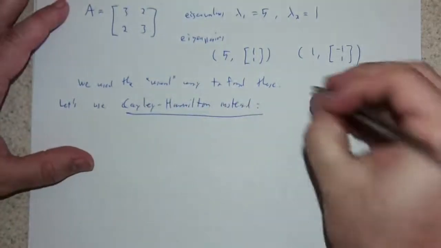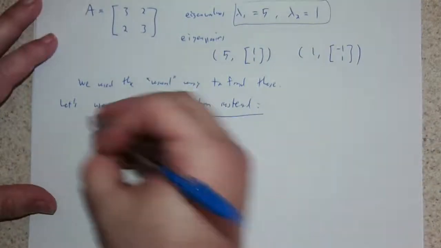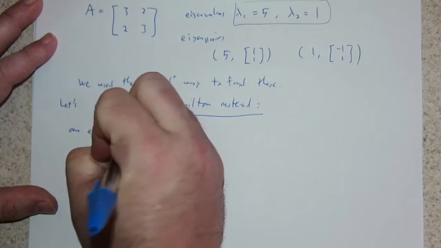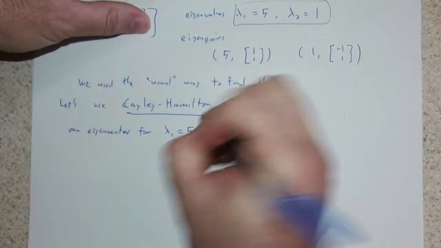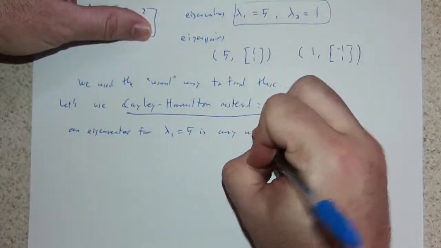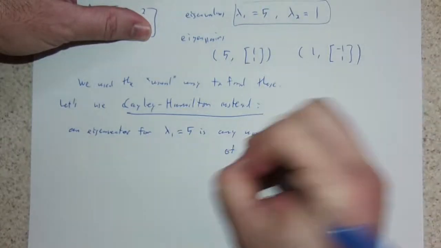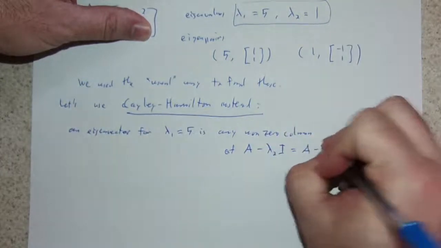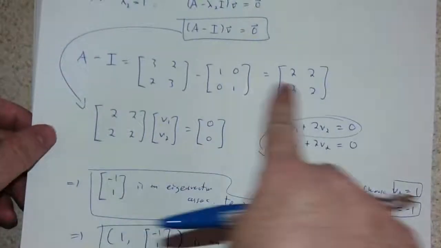Okay, so I have eigenvalues, lambda 1 equals 5, lambda 2 equals 1. So an eigenvector for lambda 1 equals 5 is any non-zero column of A minus lambda 2 I, which is A minus I. But A minus I, as we saw, is 2, 2, 2, 2.